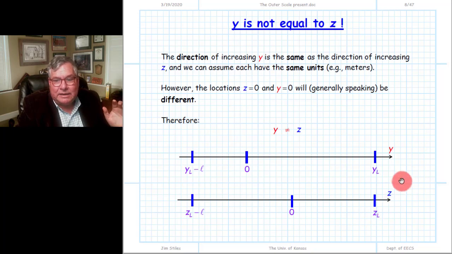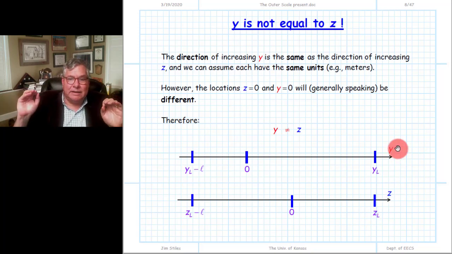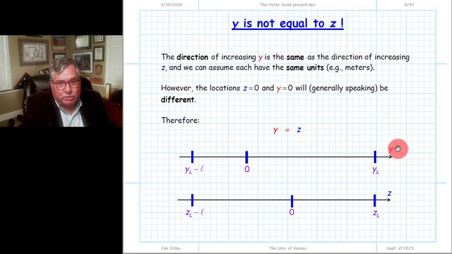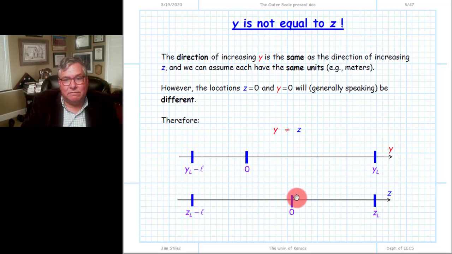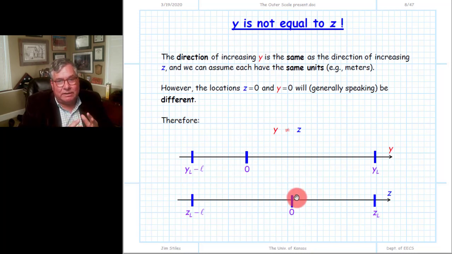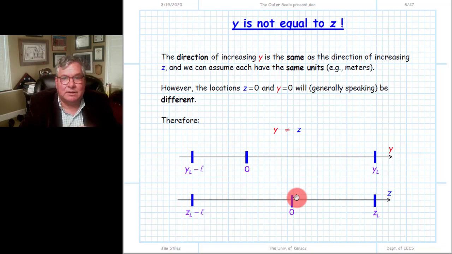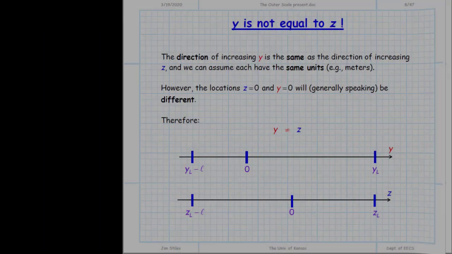What we'll find is that for the corresponding index y, the location of 0 will almost certainly be different in terms of its physical location. Again, the numeric value y will indicate a different value on the transmission line than will the numeric value 0 for the index z. And that's why these two indexes are different from each other.